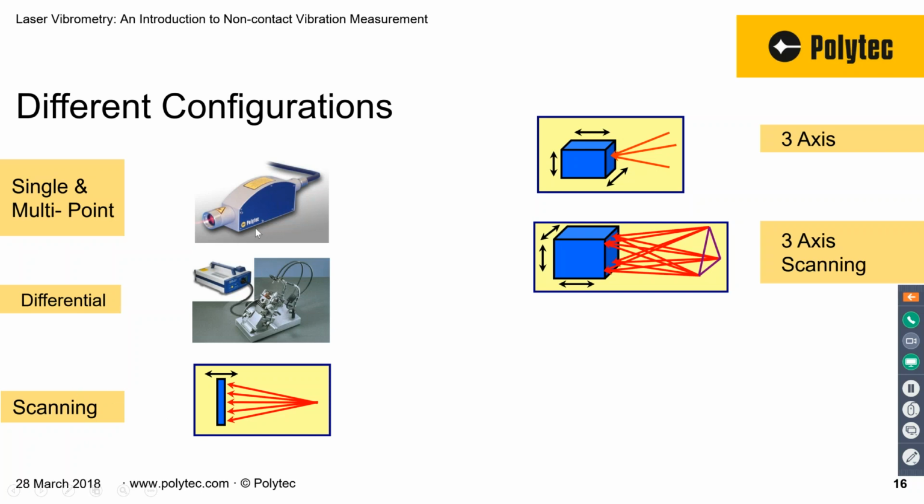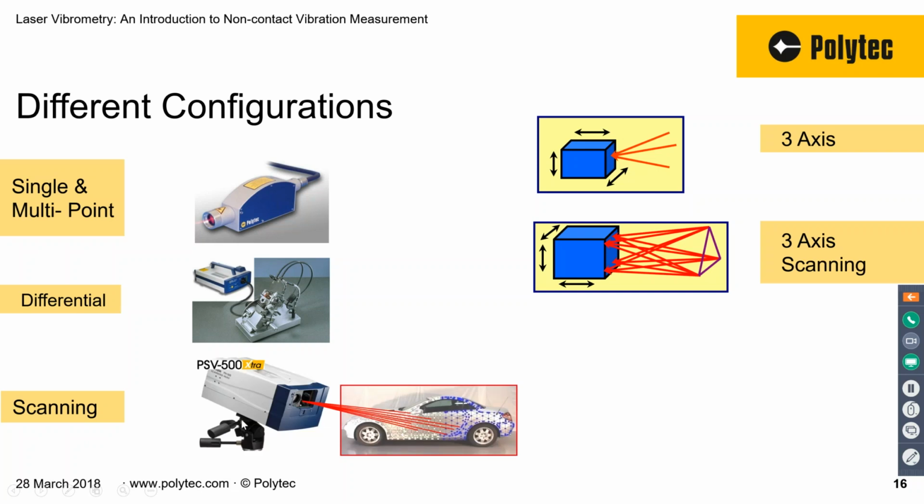Scanning vibrometers take the single beam, and we typically use galvanometer mirrors to drive the laser beam from point to point in a sequential method. This is our PSV 500 system, and here's a video image of the car in this case, with the mesh that is defined visually, in this case manually, for scanning those points. But we can also import the mesh from a finite element model to scan those points as well.